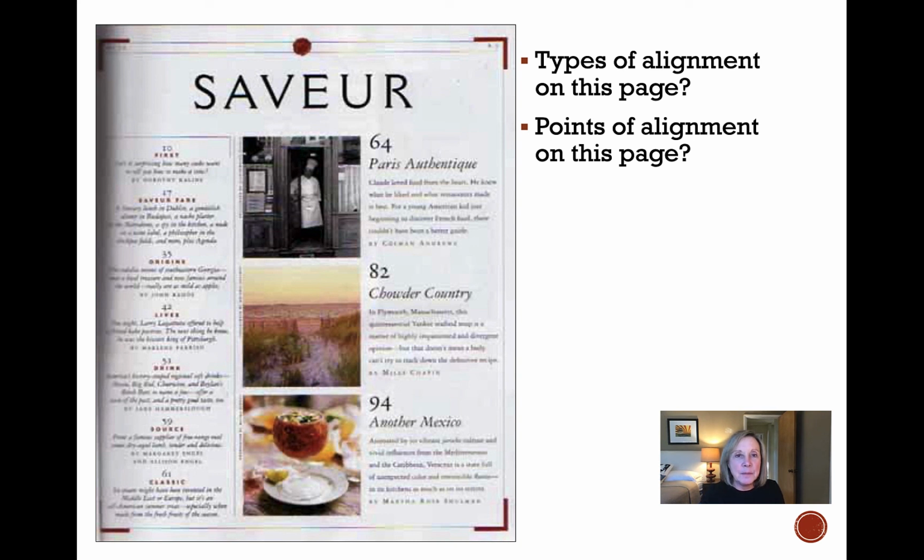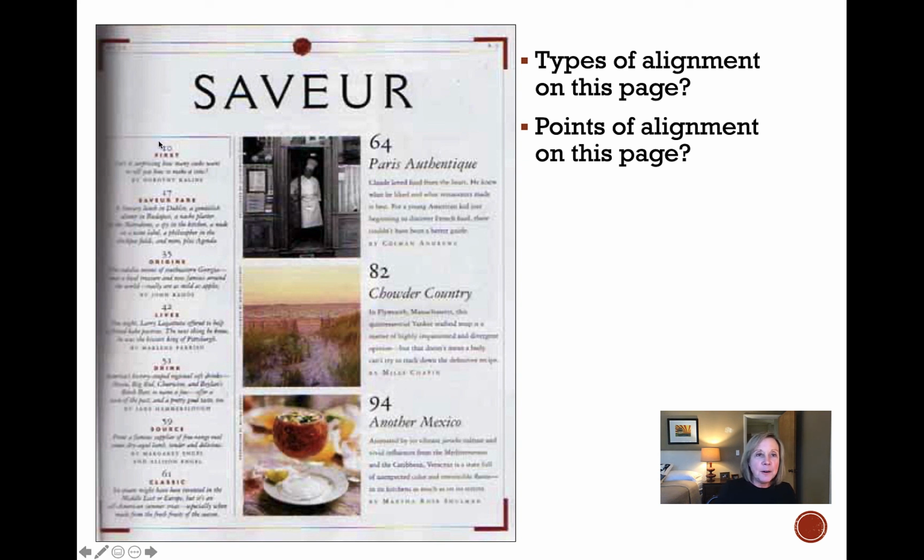And last but not least, and excuse the very fuzzy reproduction of this, but it's because I took a photograph of a magazine page, and this has been processed a couple times, but you don't need to read the words. You just need to look at the type alignments. So this is a layout in which a designer used two different alignments.